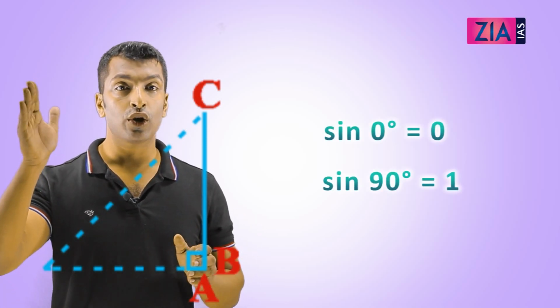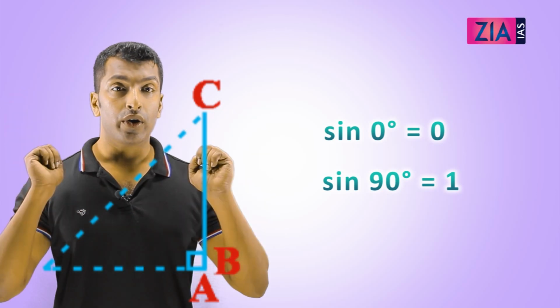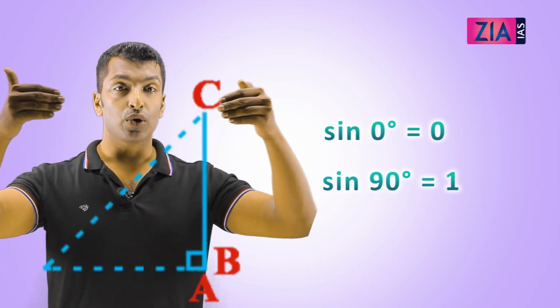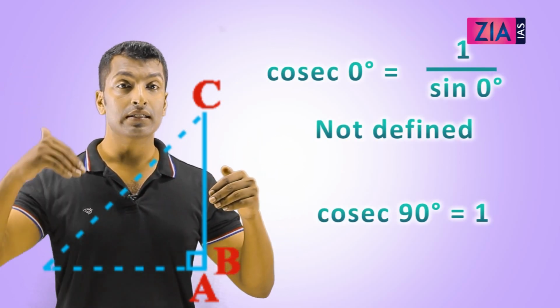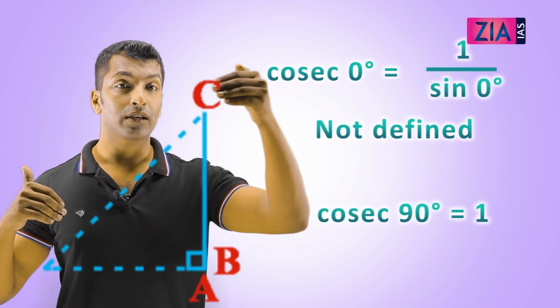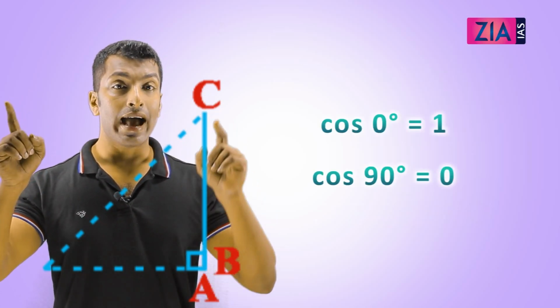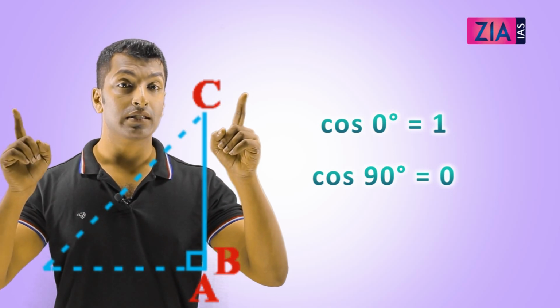Now if you combine both the things that we have learned, 0 and 90: sine 0 was 0, sine 90 is 1. Now the reciprocal, that is cosec. Cosec 0 was not defined, but cosec 90 is 1. Similarly, cos 0 was 1 and cos 90 was 0.